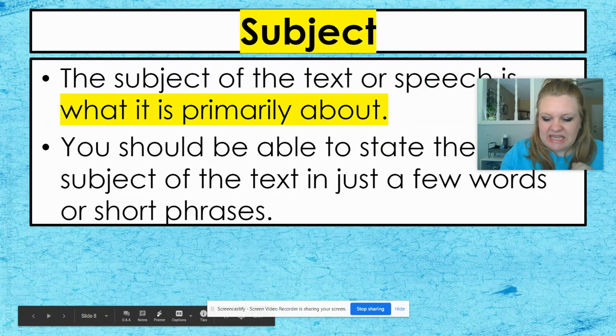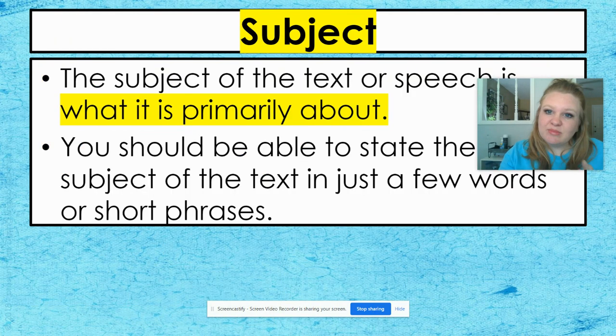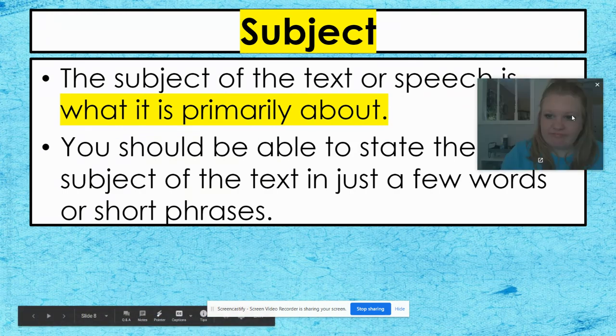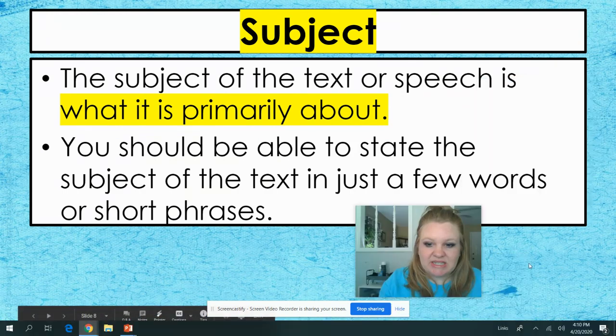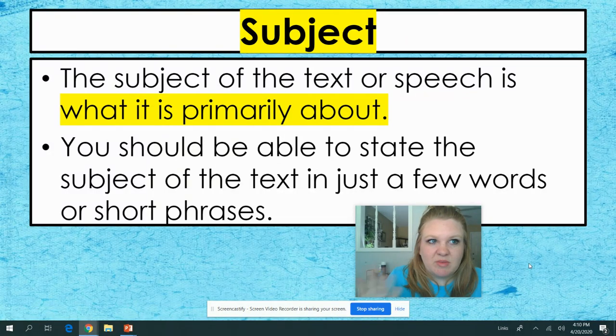And the last thing is subject. So the subject is pretty simple. The subject of the passage or the speech is, what is this about? And you should try to state the subject of the text in just a few words or short phrases.